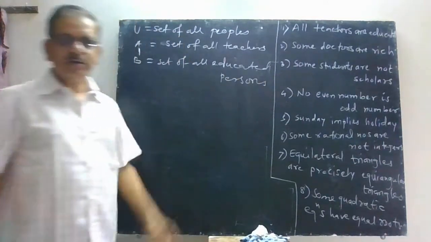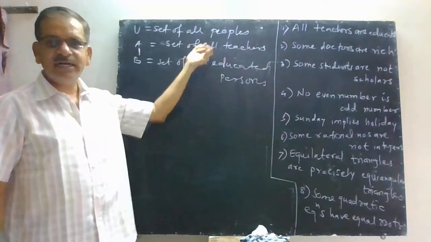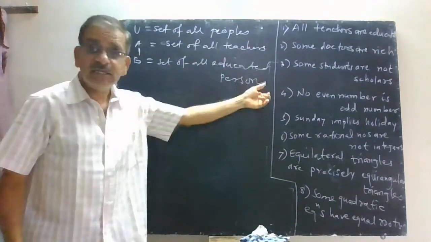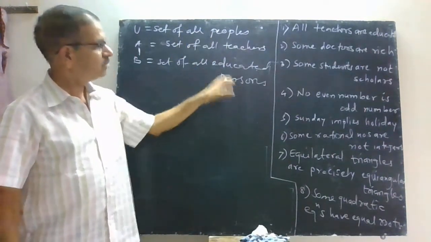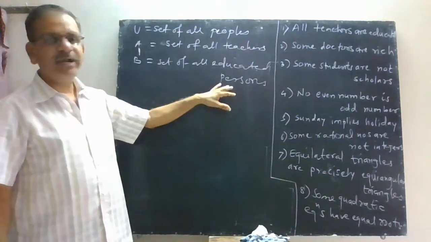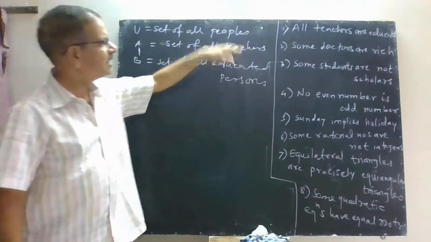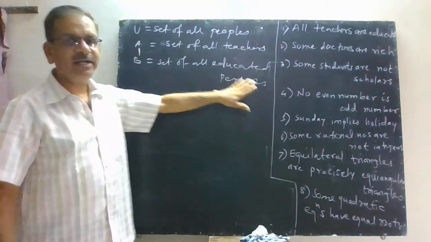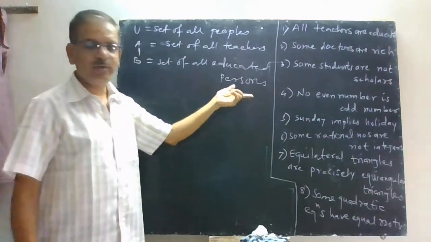So one important thing you have to remember while writing the sets, you don't have to merge one set into other set. Educated teachers like that, or persons which are educated like that. So you have to take these 2 separately. These are teachers and these are educated persons. You don't write educated teachers here, otherwise your diagram will be different.